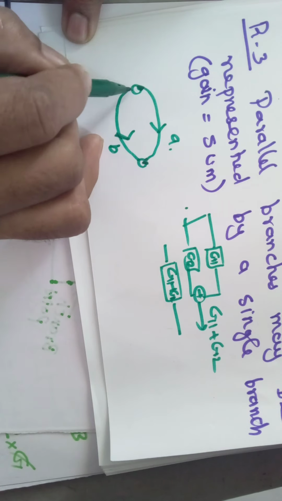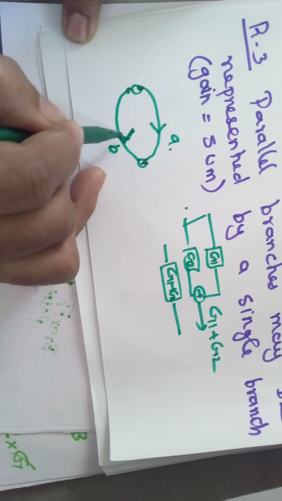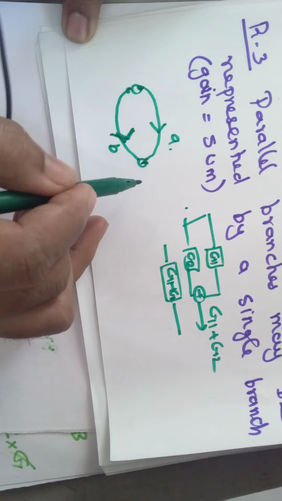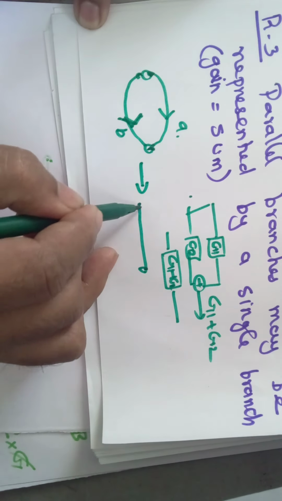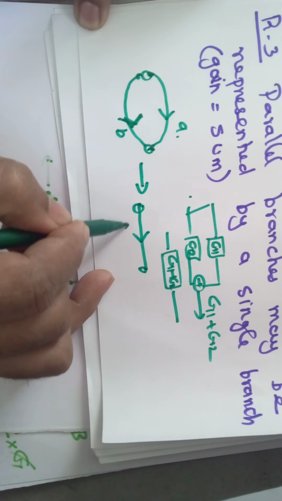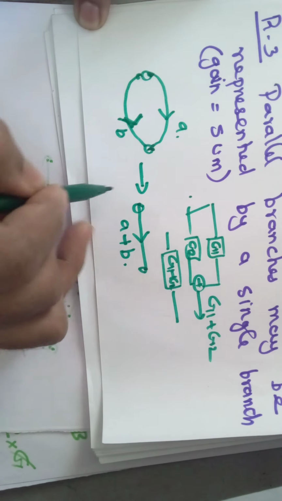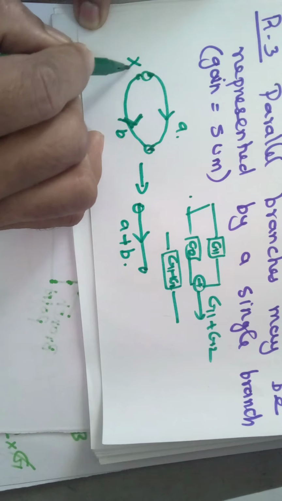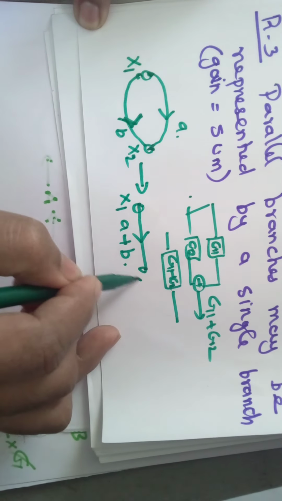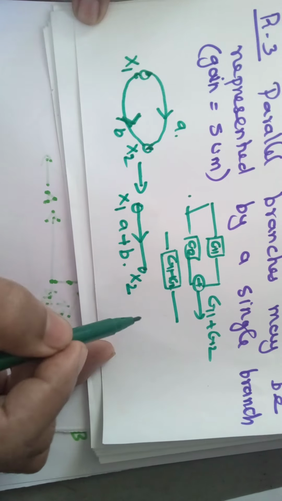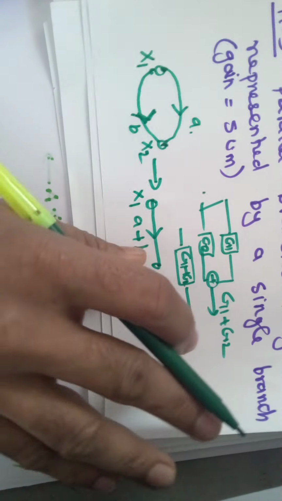Here this signal starts at this point, ends at this point. So this is not a loop. Now this can be replaced with a single branch with the gain equal to a plus b. Understood? Suppose this node is x1 and this is x2, and now this one is x1 and this one is x2, right? This is rule number 3.